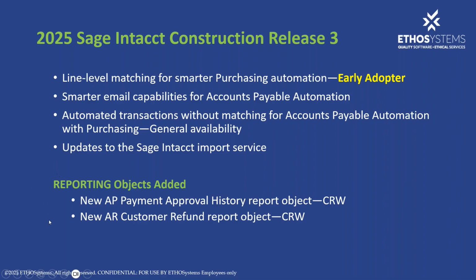Reporting objects. I actually have quite a bit going on about ICRW and some great things that they're giving us access to, and I'll talk about that later in this webinar. But just know, for the core side of things, for the core objects, the custom report writer is the report writer that comes with your core package on the accounting side that grabs those single objects, right?